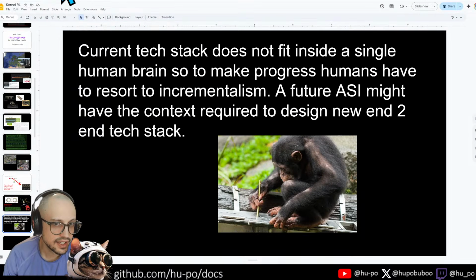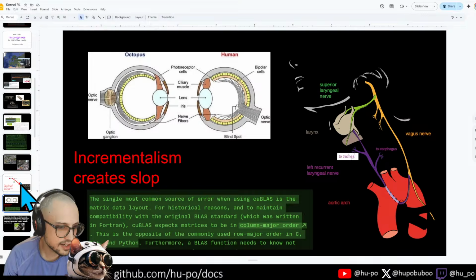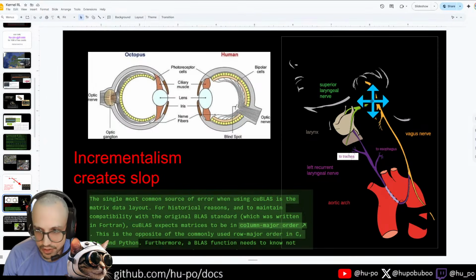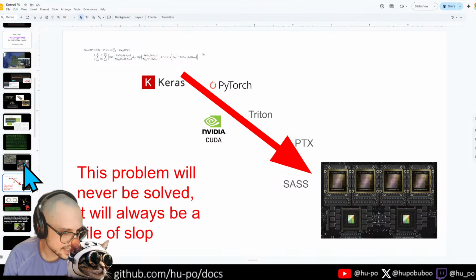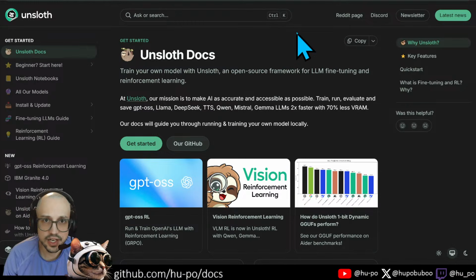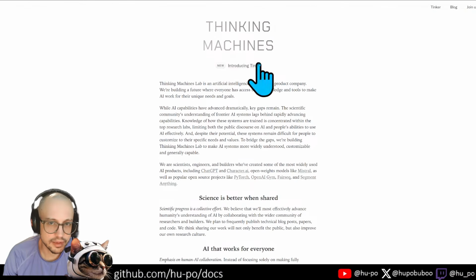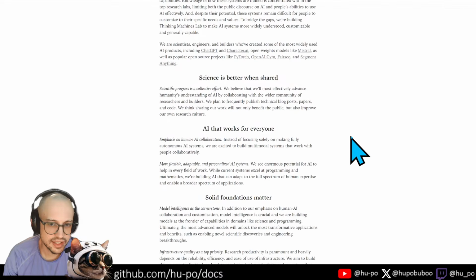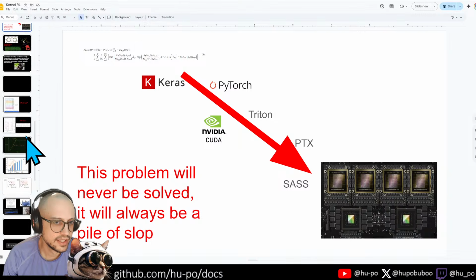Because this stuff is so complicated and so annoying, and there's so much nuance, and so many of these tiny things that you need to get correct, there's this opportunity for companies like Unsloth and Thinking Machines to basically abstract some of that complexity away from you, right?